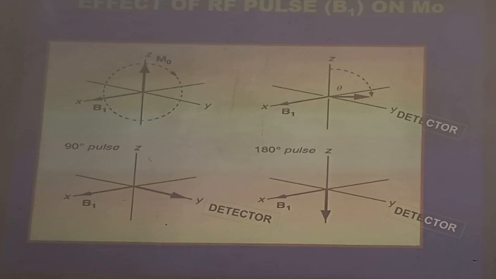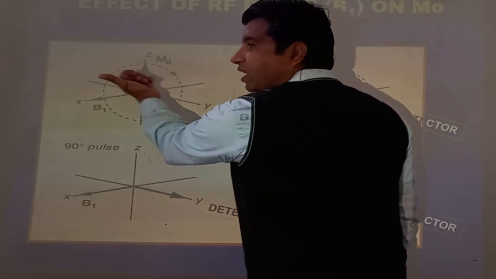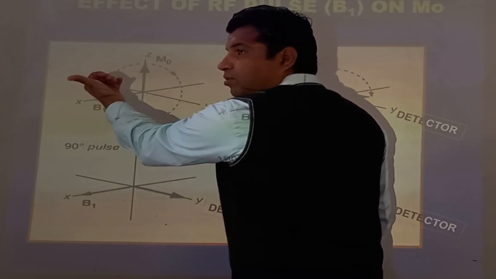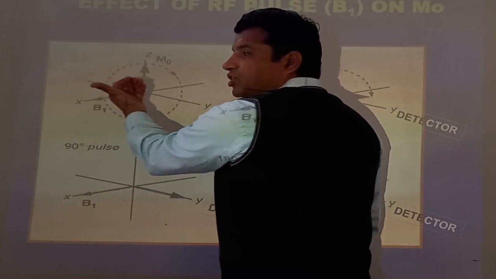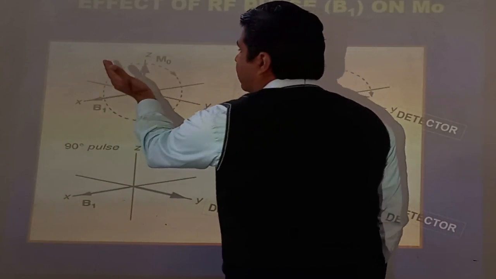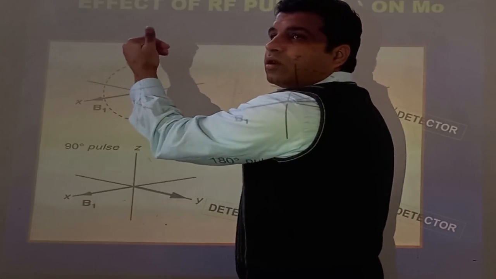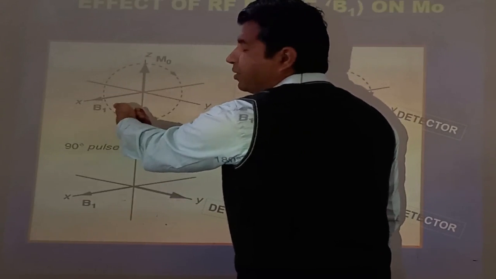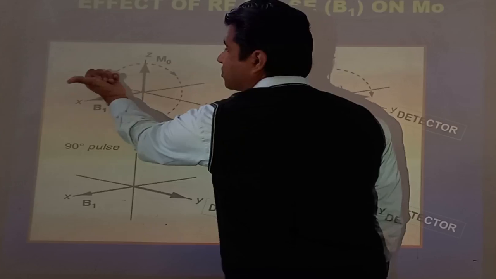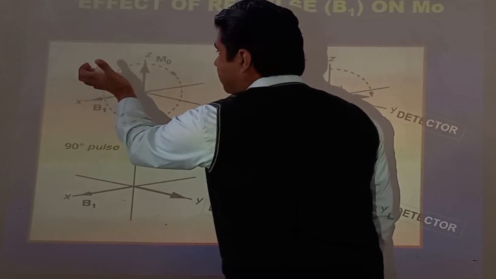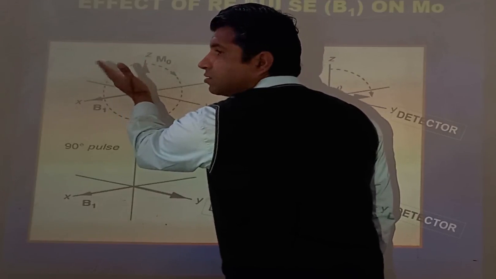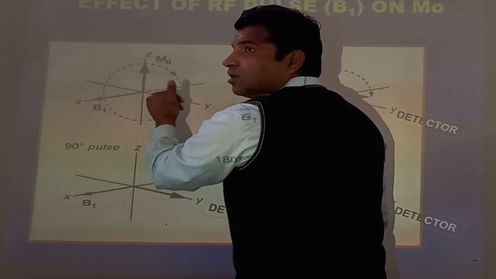The direction of movement of M0 is determined through the left-hand rule, which states that if the thumb of your left hand points in the direction of the pulse, then M0 will move in the direction of your curved fingers. You can see here that B1 is in the x-axis. So this is the direction of B1. M0 will move towards which axis?